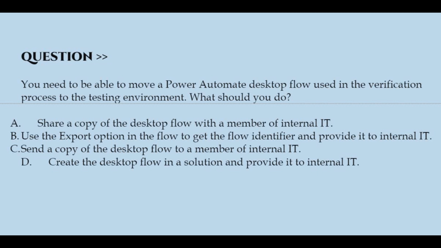Option C, send a copy of the desktop flow to the member of internal IT. Option D, create the desktop flow in the solution and provide it to internal IT. Correct answer is option D.